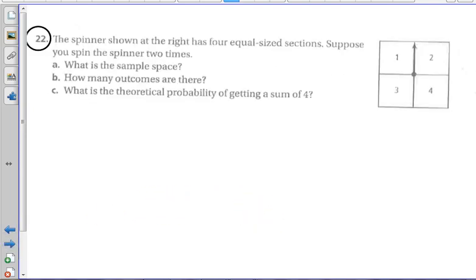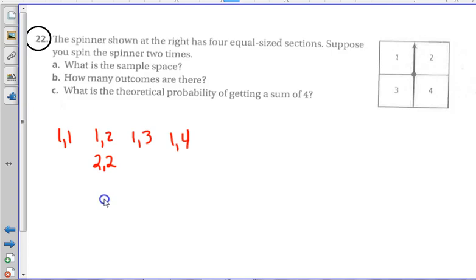The spinner at right has 4 equal-sized sections. Suppose you spin the spinner twice. What is the sample space? Okay. 1 and a 1, 1 and a 2, 1 and a 3, 1 and a 4. What else could happen? Okay. 2 and a 2. That's a good question. Does the order matter?